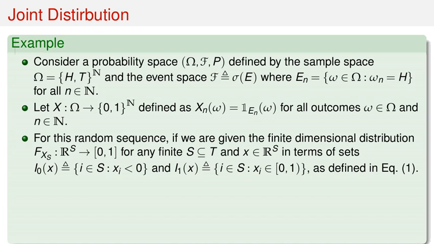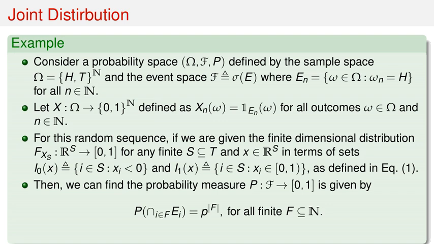For this random sequence, if we are given its finite dimensional distributions F_X_S from R to S to the closed interval [0,1] for any finite S subset of T equals N, as defined in equation 1 in terms of I_0 of x and I_1 of x, then from these FDDs, we can recover the underlying probability measure P on script F. For example, we can find P of the intersection for i in F of E_i equals p to the power of the cardinality of F, for all finite F subset of N.